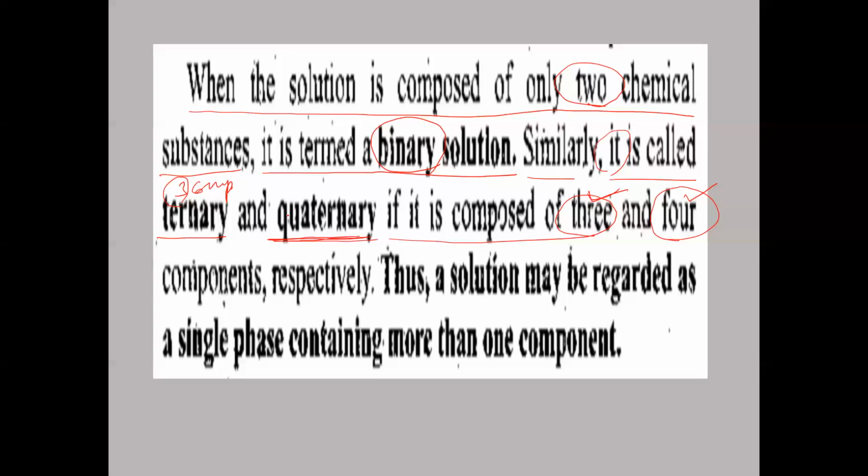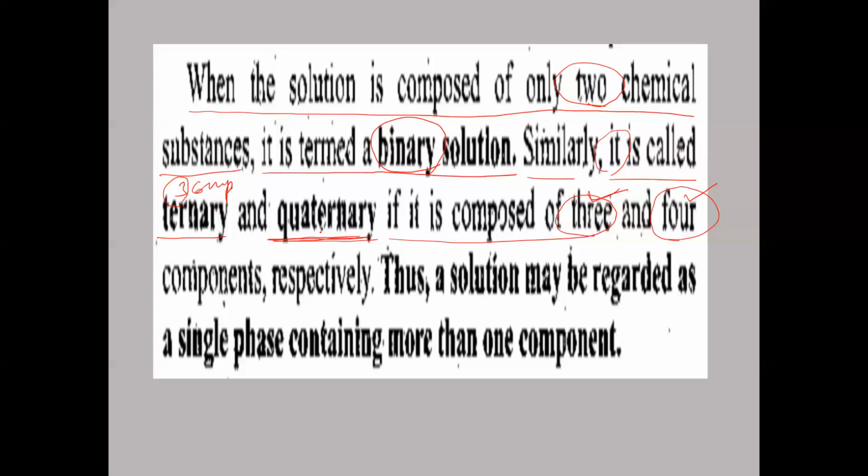Suppose you take sugar solution with salt and lemon water. Lemon will contain what? Citric acid. So citric acid is one solute, salt is one solute, sugar is one solute, and water is the solvent.